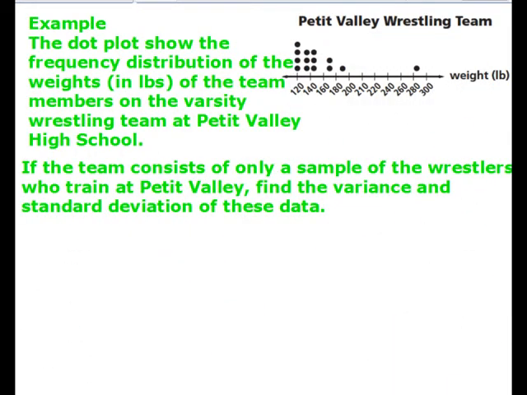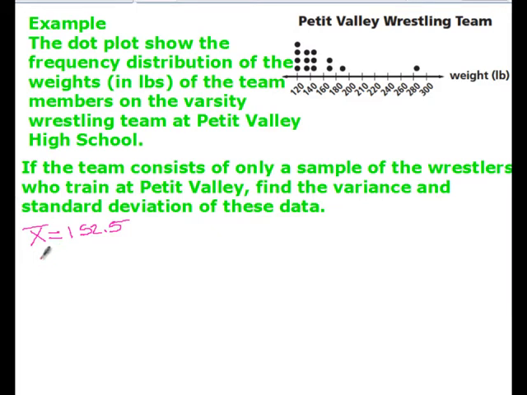So let's look at one more example, and then we'll be done for this video. Now we're going to look at this wrestling team as if it were only a sample instead of a population. We still have the same mean, so x bar is still 152.5. If you need to look at that calculation, go back a little bit and you'll see it.